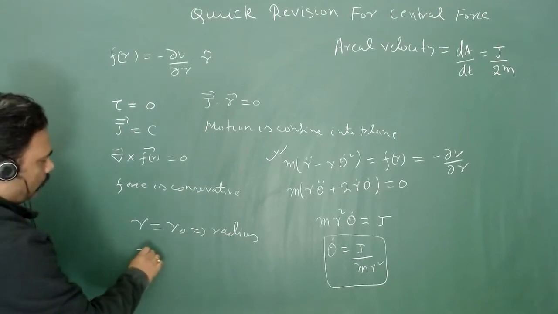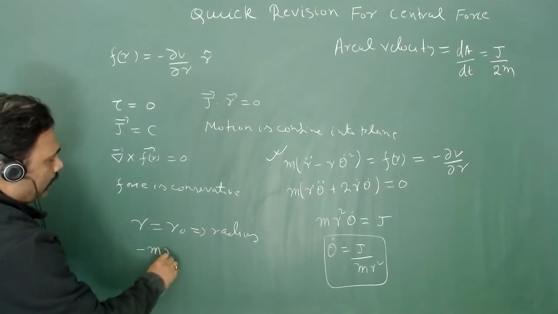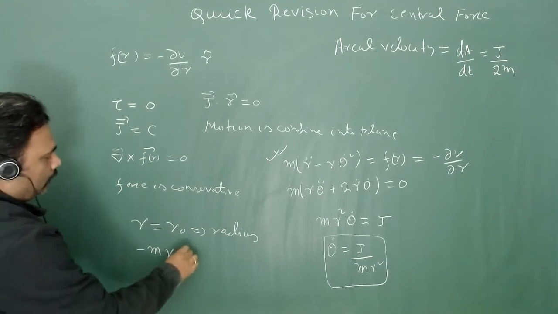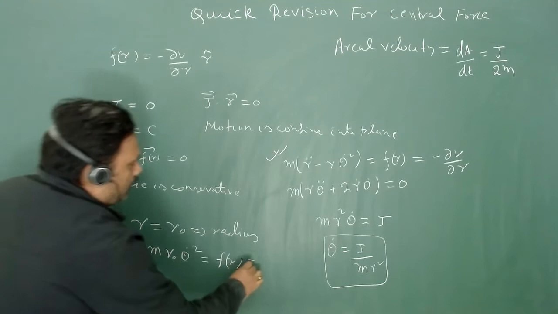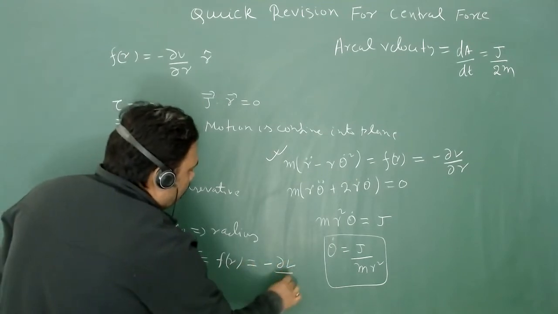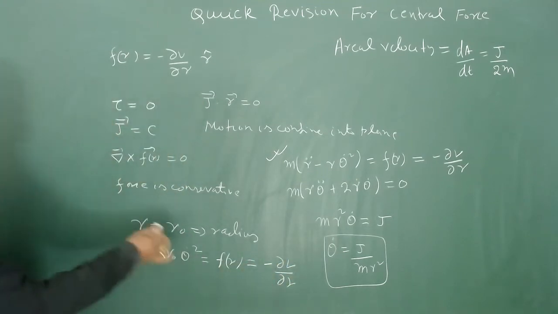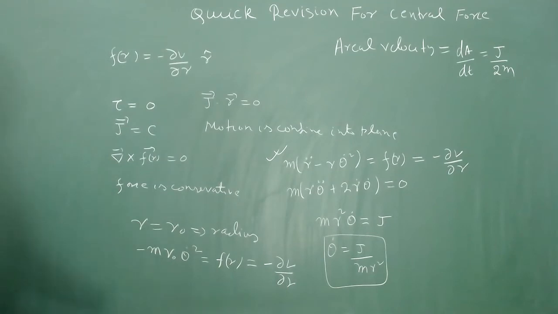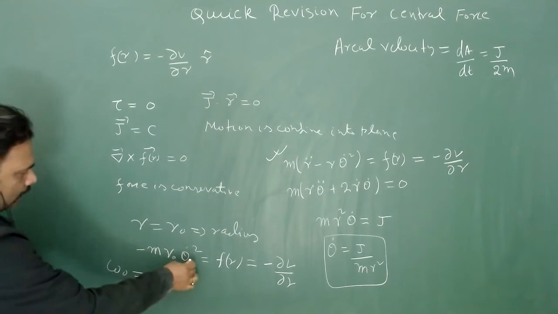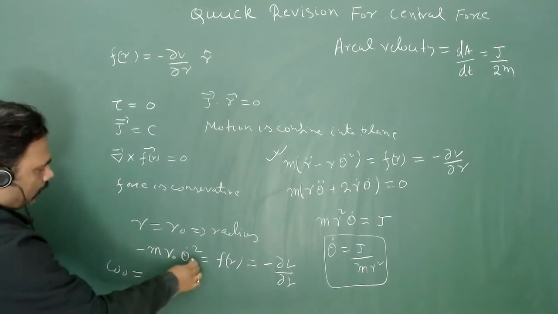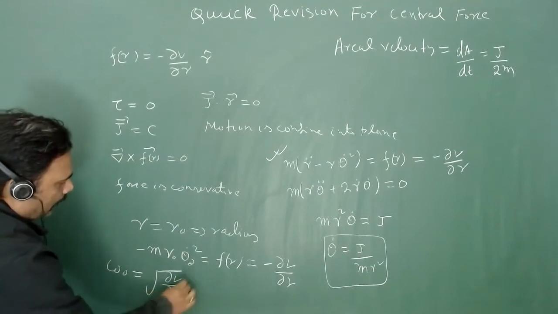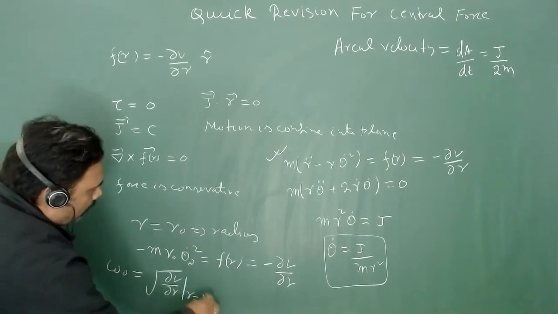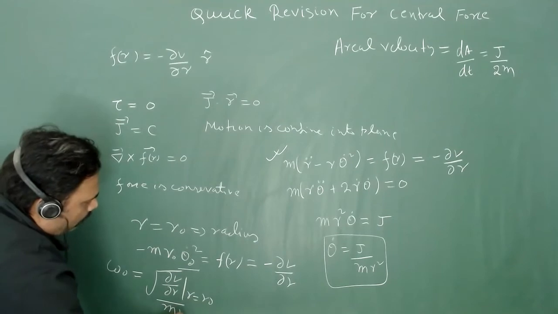So for the circular motion, m r naught theta dot square is equal to F_r, or you can write in terms of potential that is minus del V upon del r. You can easily find the angular frequency omega naught, which is nothing but theta naught dot, and this value is equal to the square root of del V upon del r at r equal to r naught, divided by m r naught.